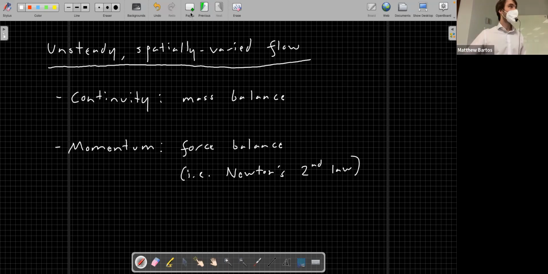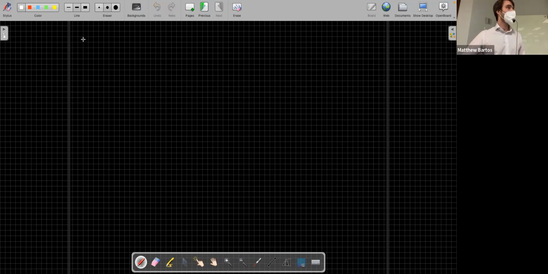Okay, so first, let's take a look at the continuity equation, and let's see how we can derive a set of equations that always describes the dynamics in an open channel. First, let's consider a control volume. We're going to be looking at an element of water in an open channel. So I'll draw the bottom.